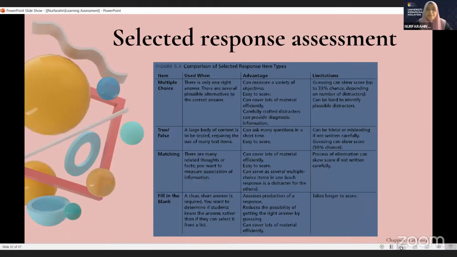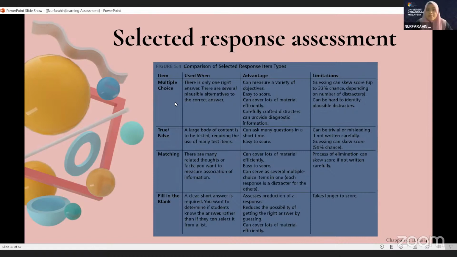Selected response assessment can be multiple choice, true or false, matching, or fill in the blank. There are many ways to employ these different items.